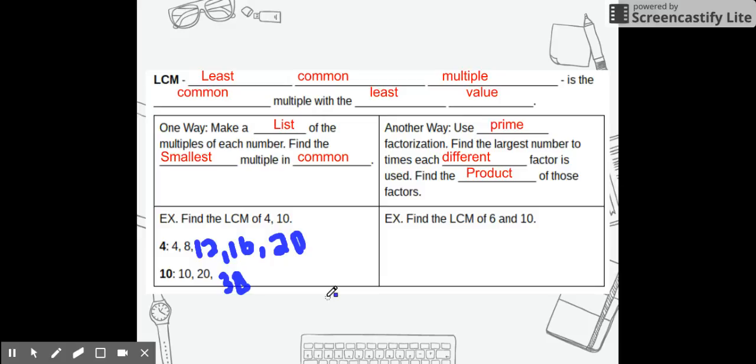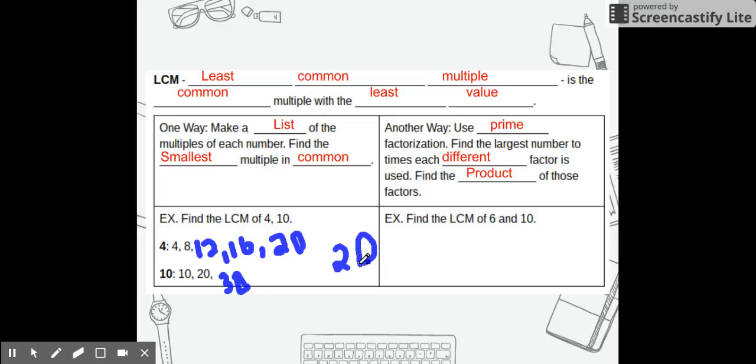But I can stop here. I'm looking for the smallest number that they both can go into. And so if you look, we already found it, and it's 20. Both of these numbers can go into 20, and that's the smallest option for both of them. So the answer for the LCM is 20.